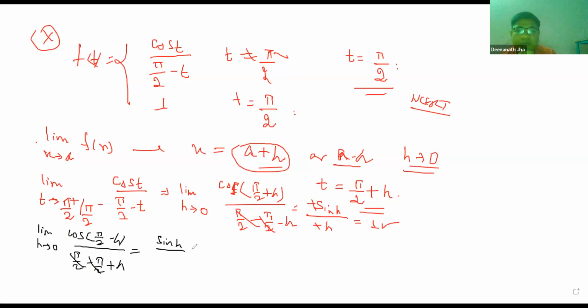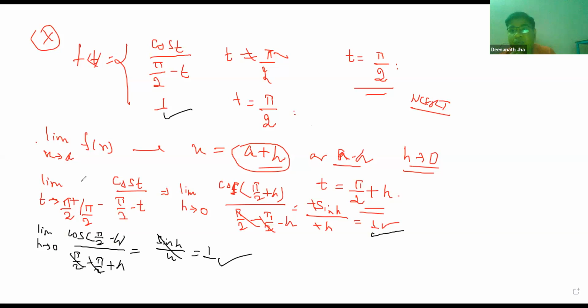It is also 1. Here RHL is also 1, LHL is also 1, and the value at x is equal to pi by 2 is also 1. So this function is continuous or not? It is continuous.